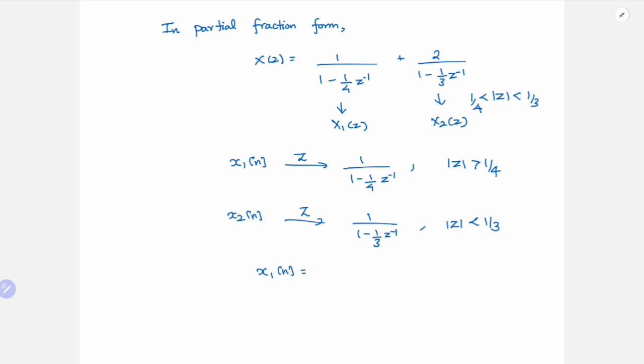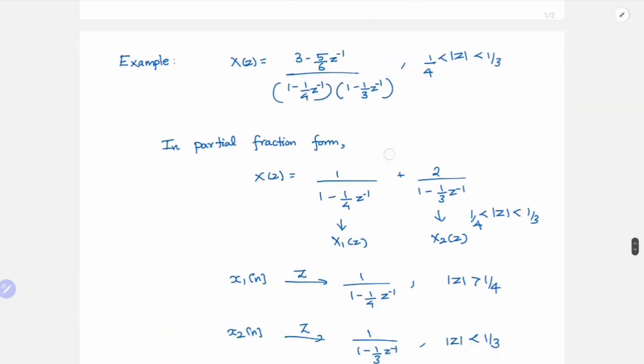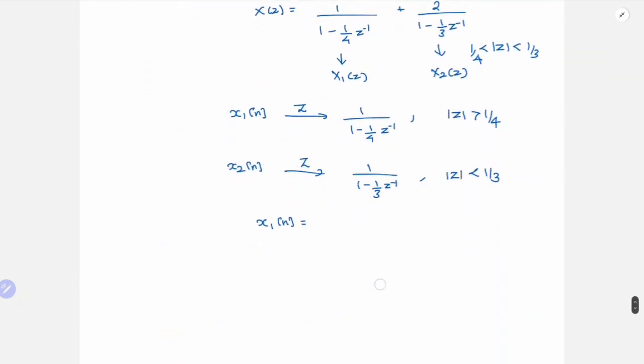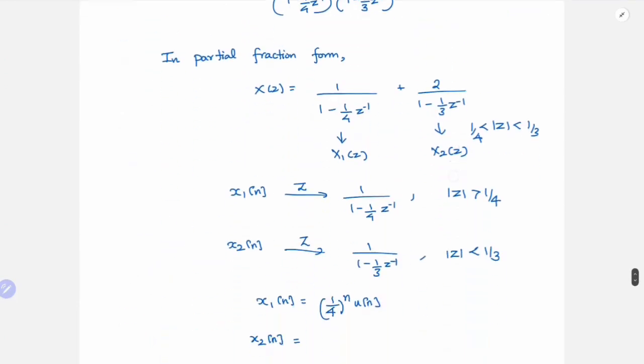So x1 of n, since it is greater, which one do you have to use? You have to use case A. So A i is 1 here, and you will have 1 by 4 power n u of n. Similarly, for x2 of n, you have to use case B, which says minus A i a i power n u of minus n minus 1.